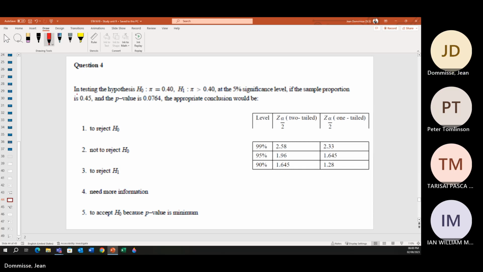So in a test, again, I don't like this because this must be smaller or equal to. So maybe in this one they've made mistakes. In testing the hypothesis, we see it's a one tail because again with that one it's clear it's a one tail.